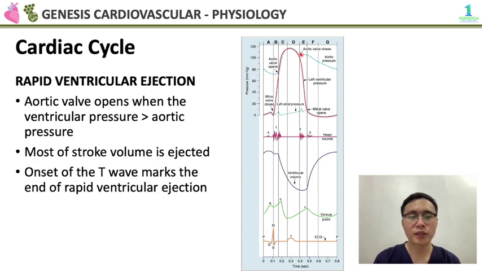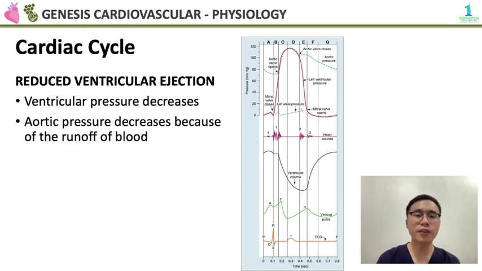Okay? So, pag titignan naman natin guys yung ECG tracing natin, you have the T wave, no, the onset of the T wave specifically that will mark the end of rapid ventricular ejection. Because ano nga uli ang T wave? What does it represent? It represents relaxation, di ba? Ventricular relaxation. So, reduced ventricular ejection. Syempre, hindi naman pwede todo-todo akyat lang na akyat yung pressure, di ba?